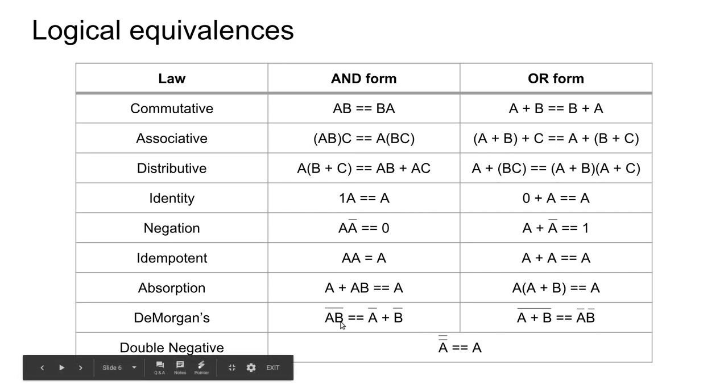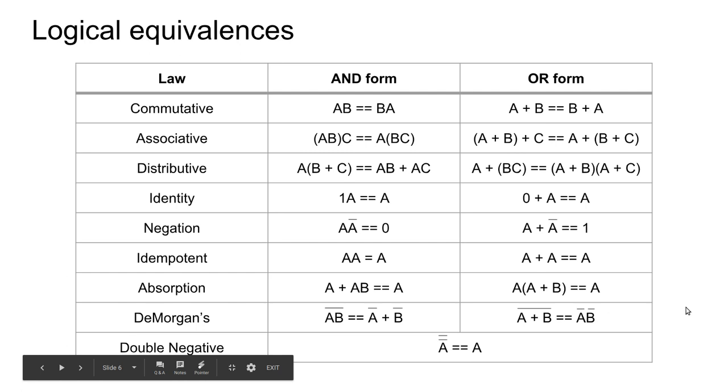If two things are ANDed together and then inverted, we can split the inversion bar between the two variables, but we have to convert the AND to an OR. In the opposite direction, if we have two things ORed together and the result of that is inverted, we can split the inversion bar between the two variables by converting the OR to an AND.